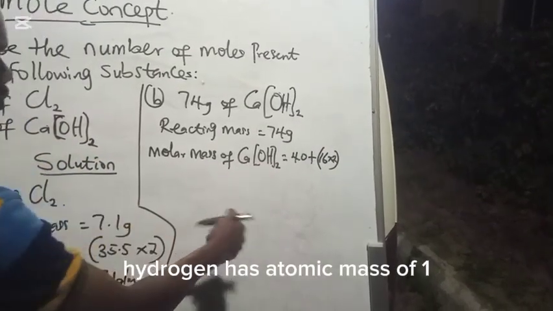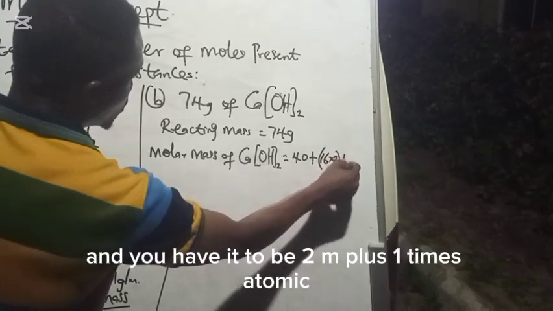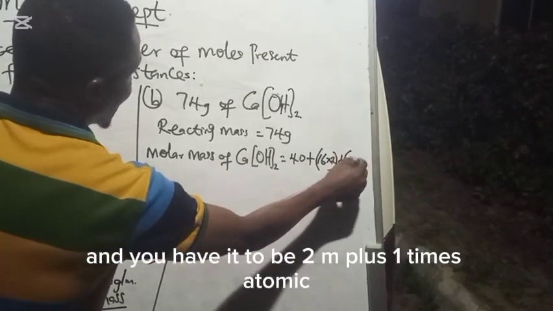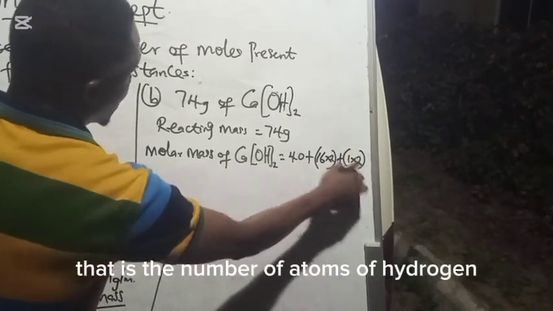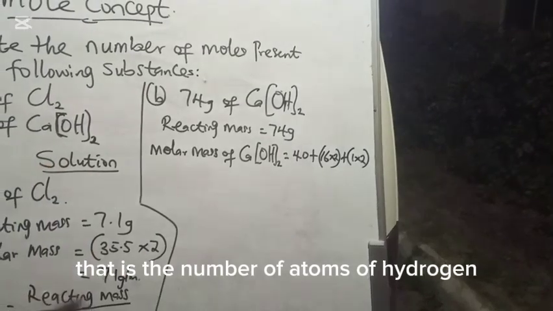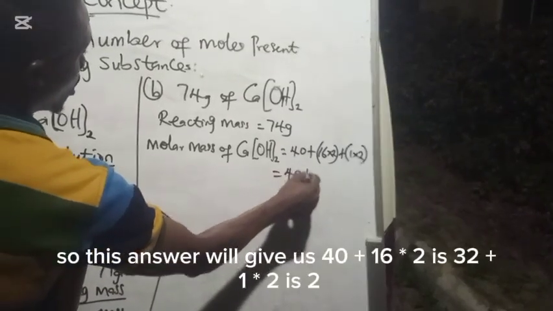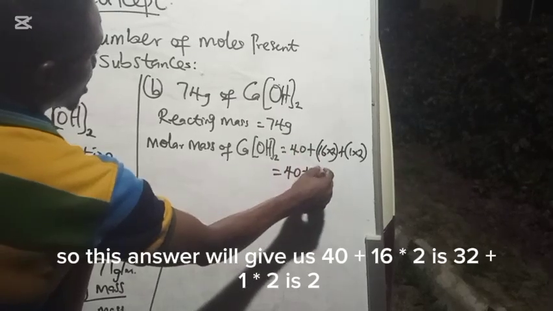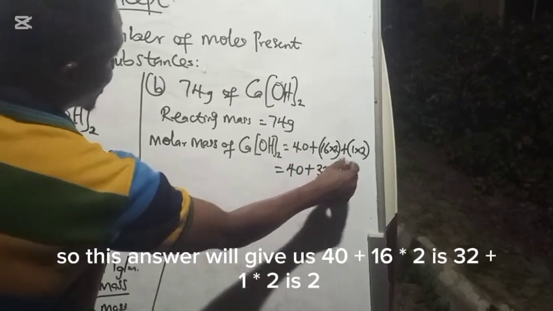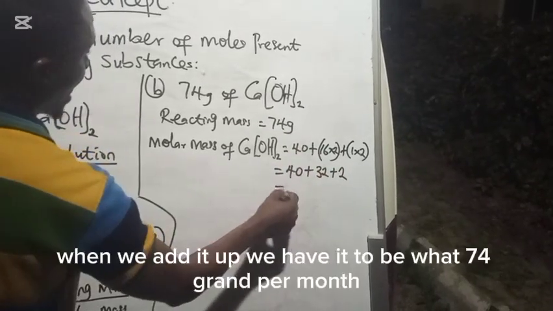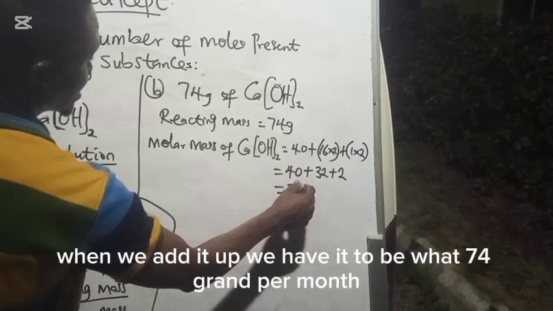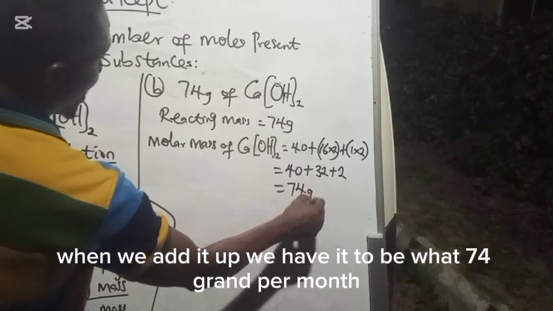Hydrogen has atomic mass of 1, and you have 2 atoms of hydrogen, so 1 times 2. This gives us 40 plus 16 times 2, which is 32, plus 1 times 2, which is 2. When we add it up, we have 74 grams per mole.